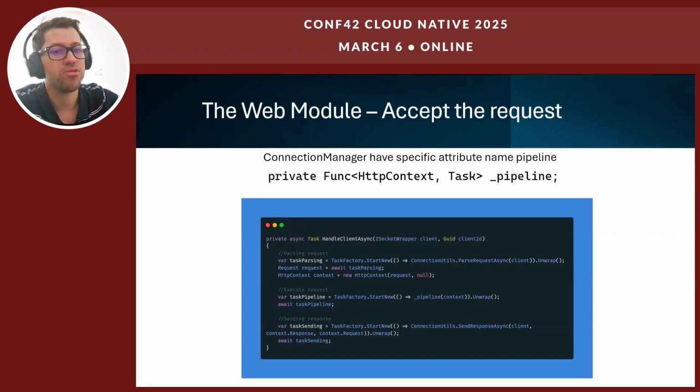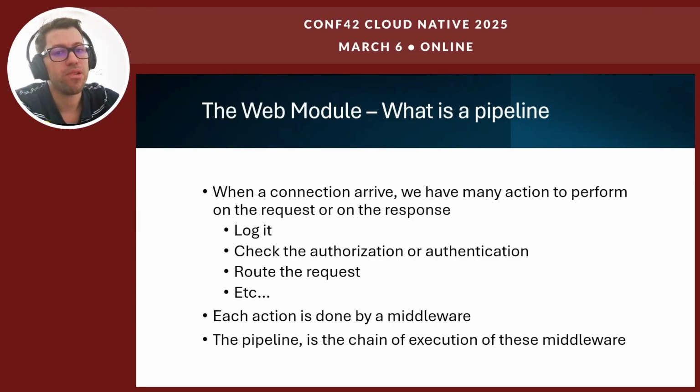So first, we need to know that our web module has a specific attribute called pipeline. This pipeline is a reference to a function, and after parsing the request and before sending back the HTTP response, we must pass through the pipeline. When a connection arrives, we have many actions to perform on the request, and also the response, in fact.